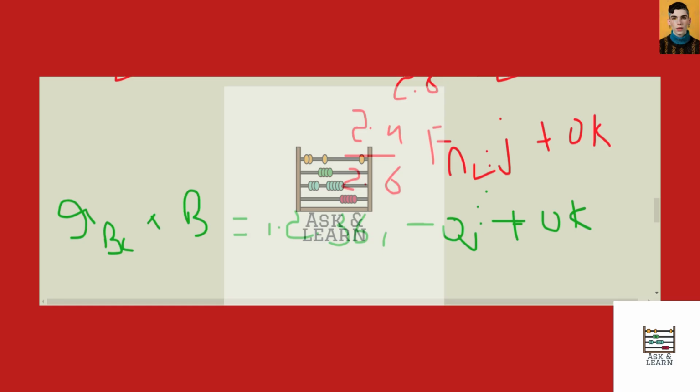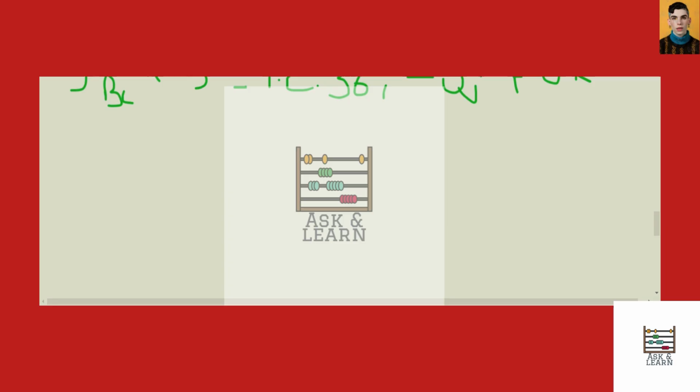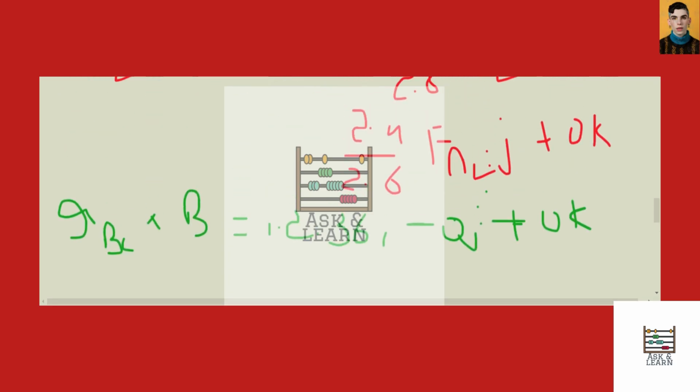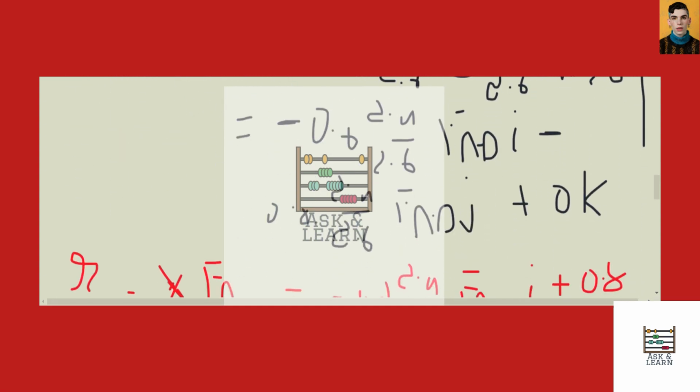So now if we add all the terms in the direction i, we find the following equation. So first of all, let's identify the items over here. The first is minus 0.6 into 2.4 upon 2.6 FAD i. So this is my item.